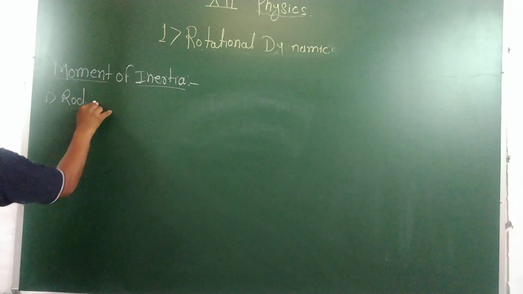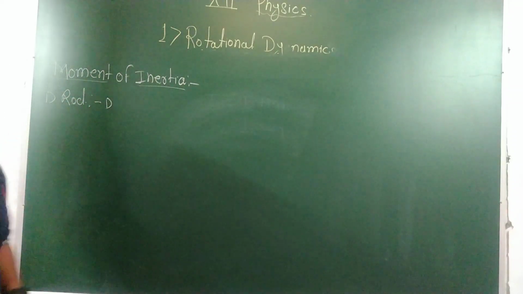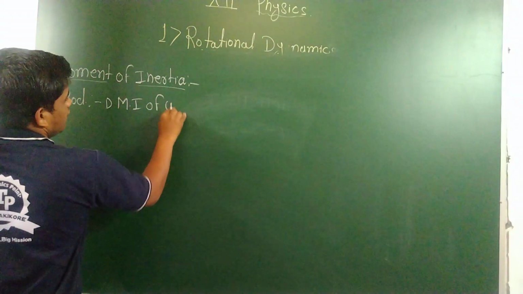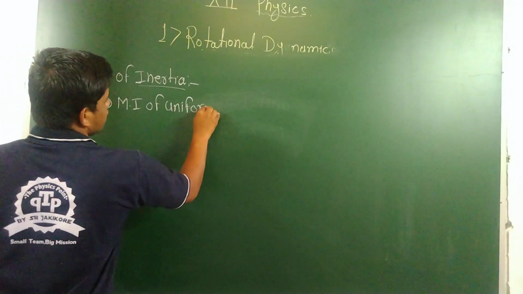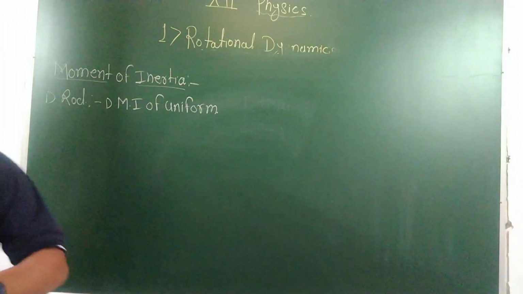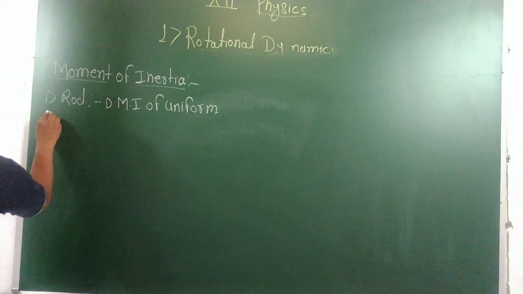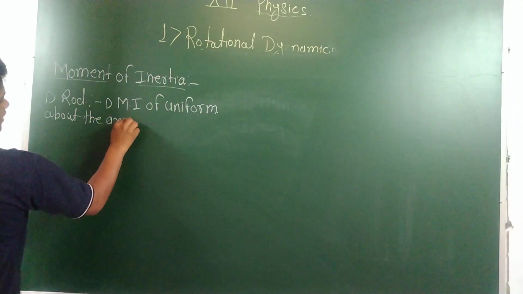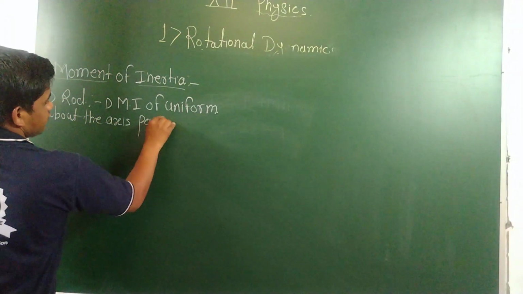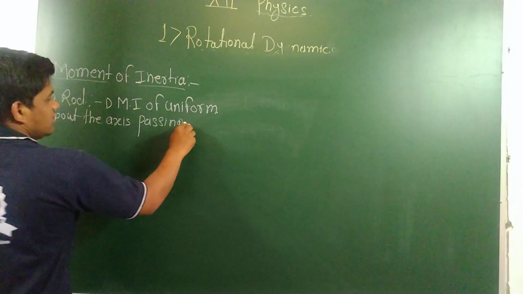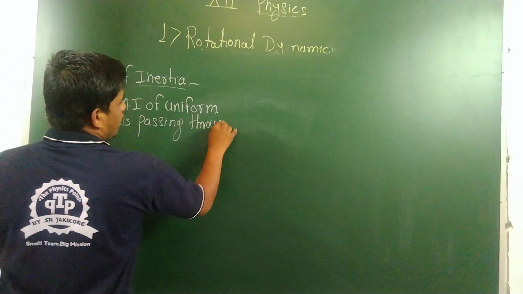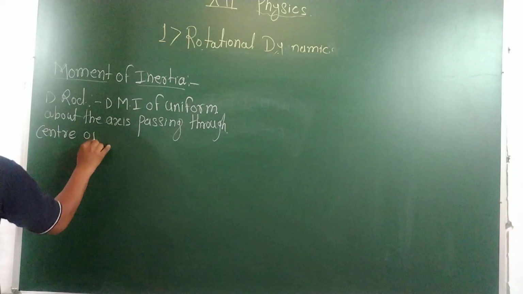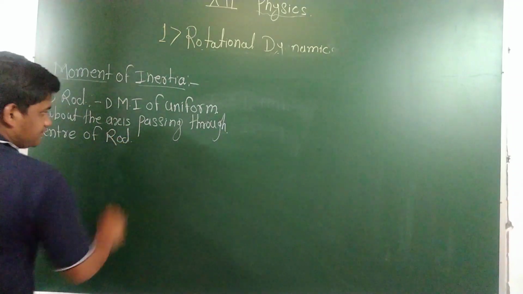The first is the moment of inertia of a uniform rod about the axis passing through the center of the rod.